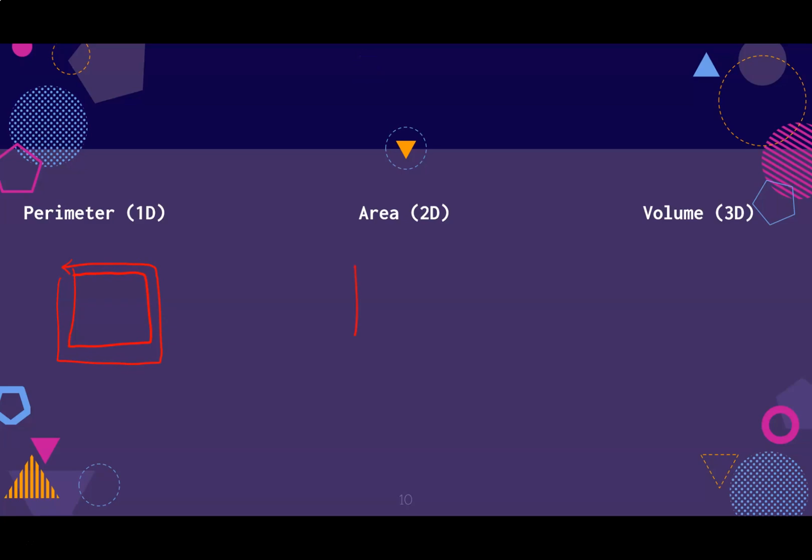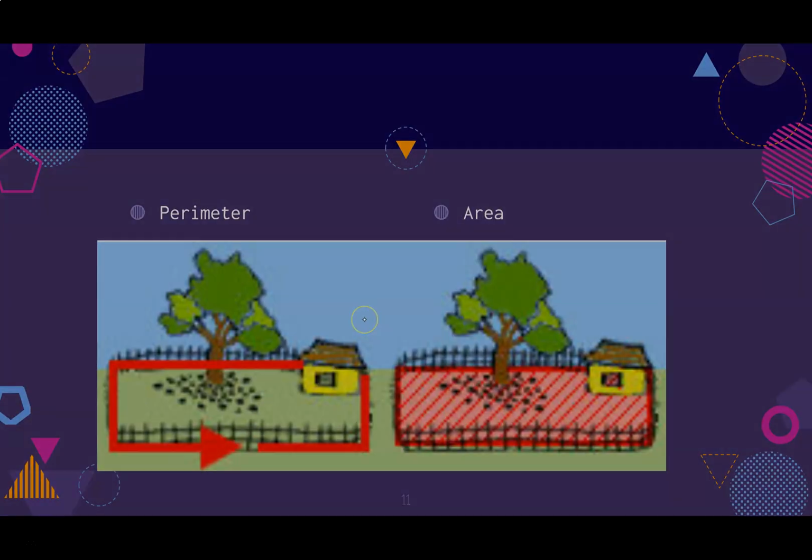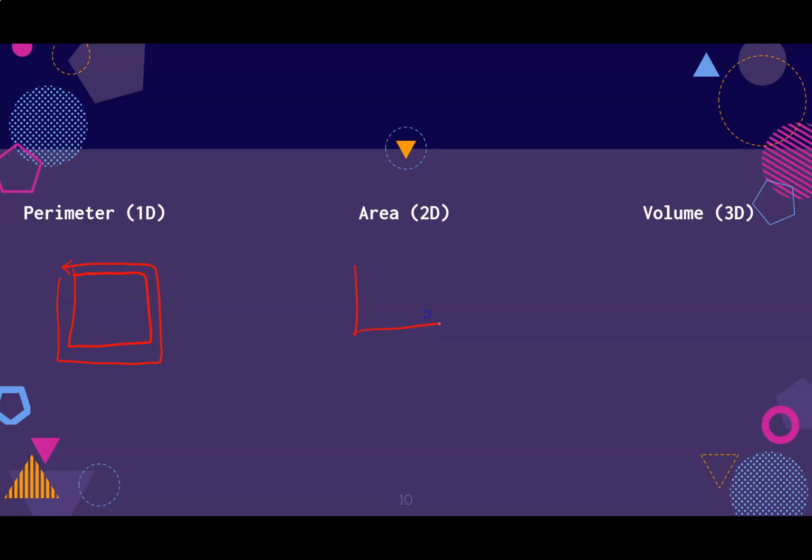Area is a two-dimensional measurement. So we could make that same square, but now we're considering the area to fill that in. We'll talk about units in a moment. Volume is a three-dimensional measurement. So we could talk about the amount of space that would take up.